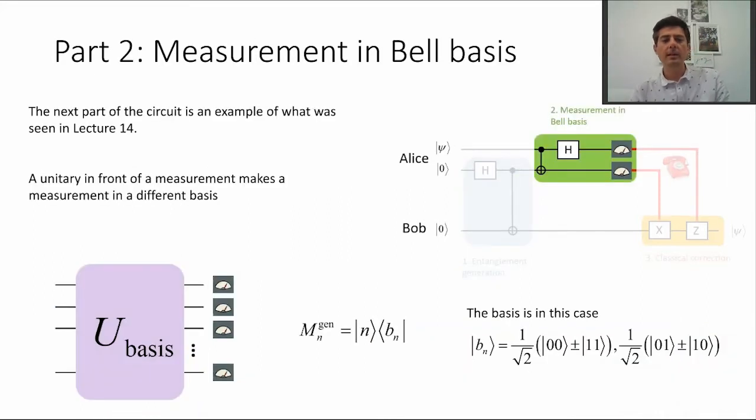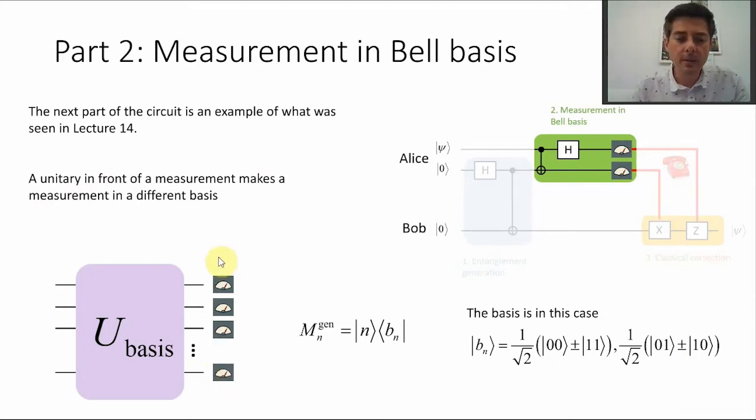Okay, now let's move on to the second part of the circuit, which is this measurement in the Bell basis, right? So actually, this is a perfect example of what I was talking about in lecture 14, where if you have some kind of unitary gate in front of some measurements, what this actually corresponds to is to change the basis of the measurements.